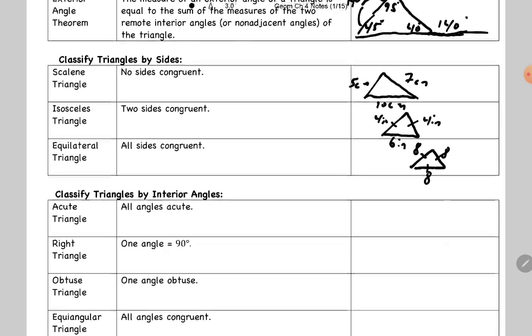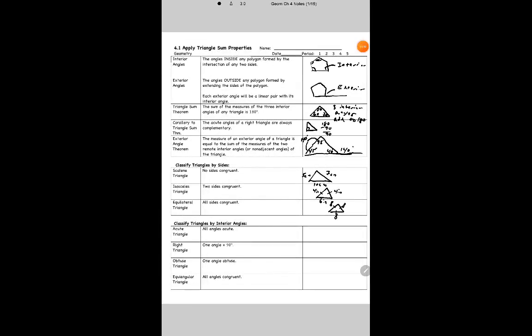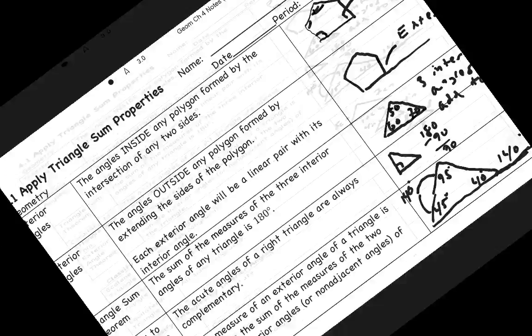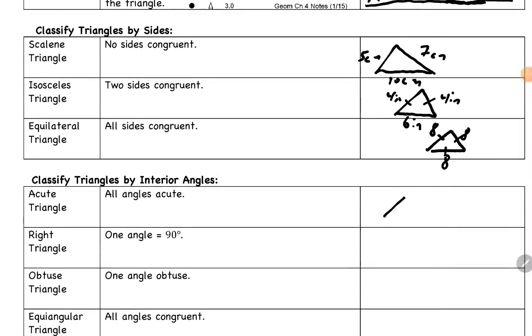And then we have an acute triangle. All angles are acute. So an acute triangle, all angles are less than 90, like 60, 61, and 59.